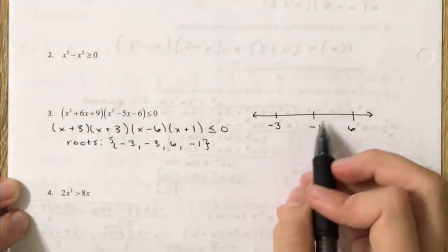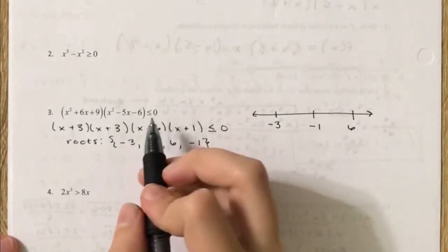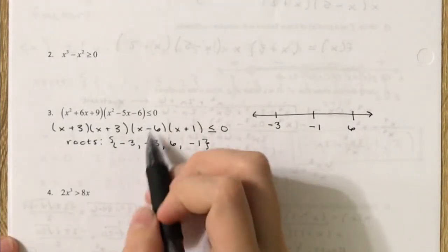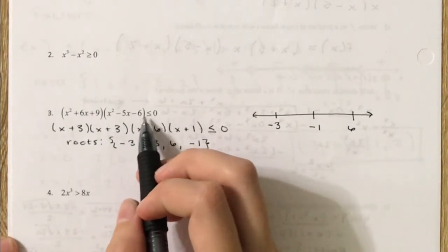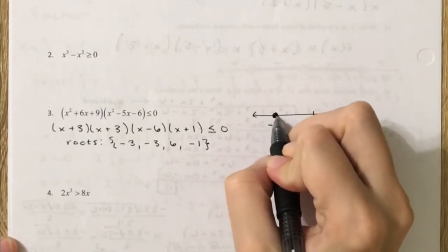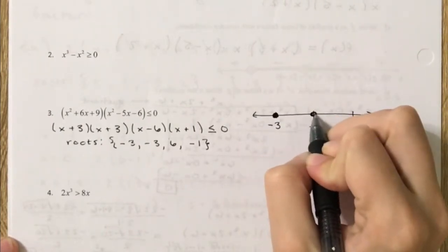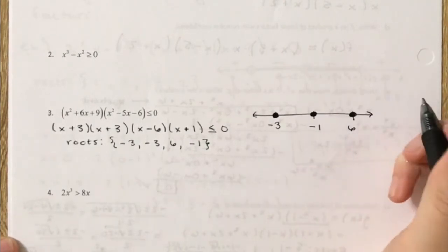Am I going to include or exclude these roots? Well, we have less than or equal to 0. Remember, we're trying to record where we're positive or negative, so since we're allowed to be equal to, we do want to include all of these roots.